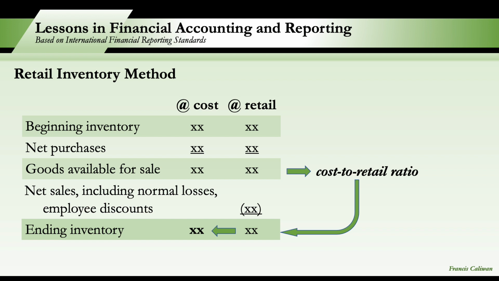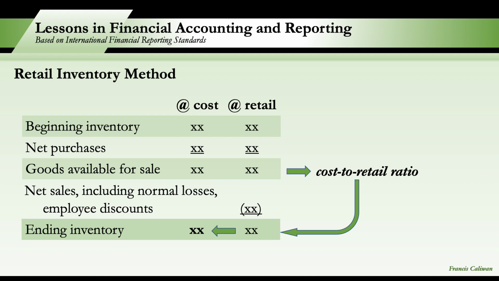So once again, cost and retail amounts are maintained for the purchases for us to get our cost to retail ratio. The cost to retail ratio is applied to our ending inventory at retail, which is determined by deducting the sales and other amounts from our goods available for sale.